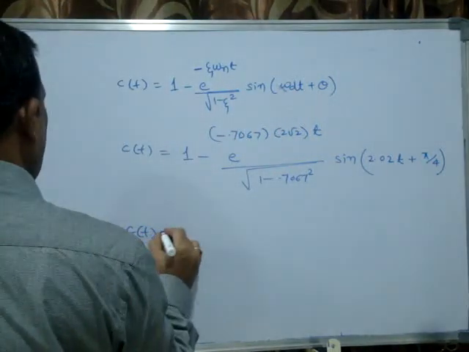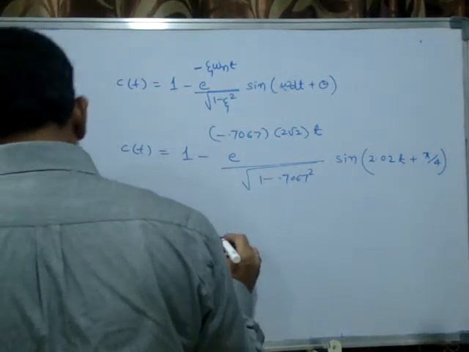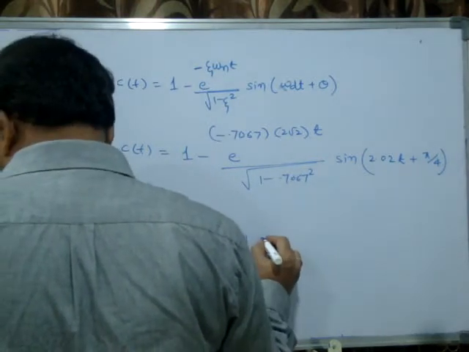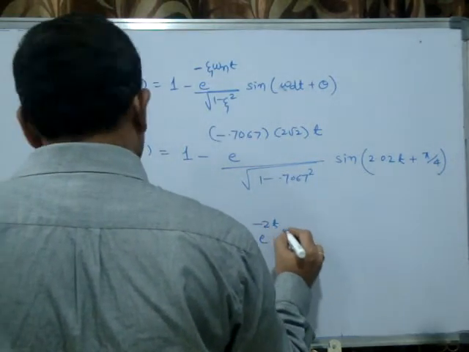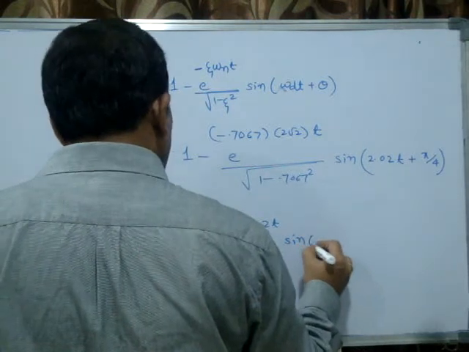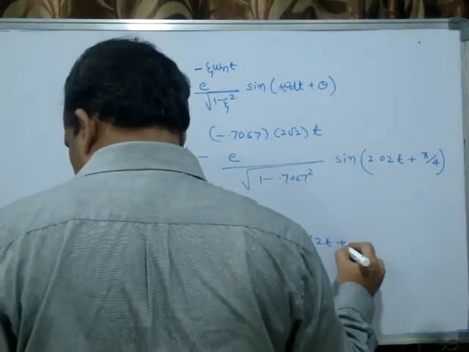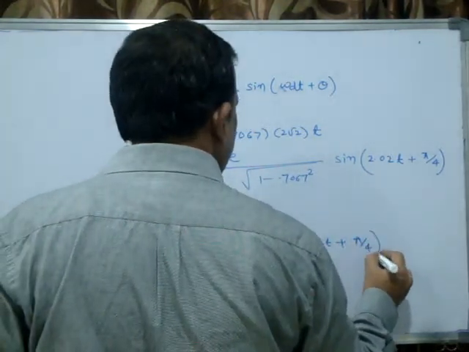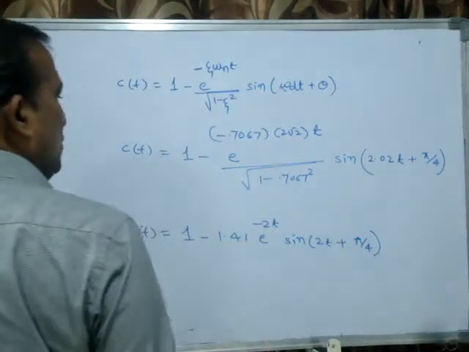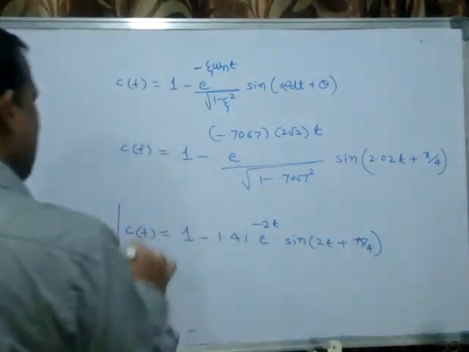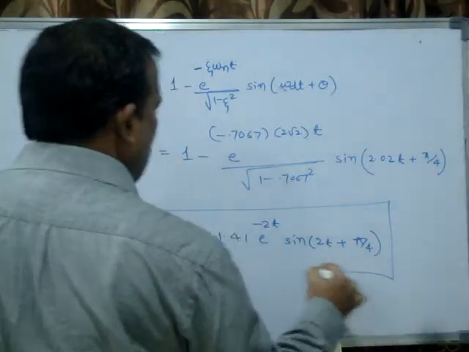So C of t equal to 1.41 e raised to minus 2t sine of 2t plus pi by 4. 2.02 I have written as 2. So this is the time response.